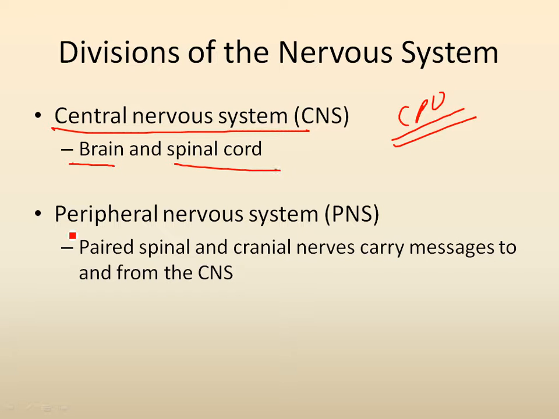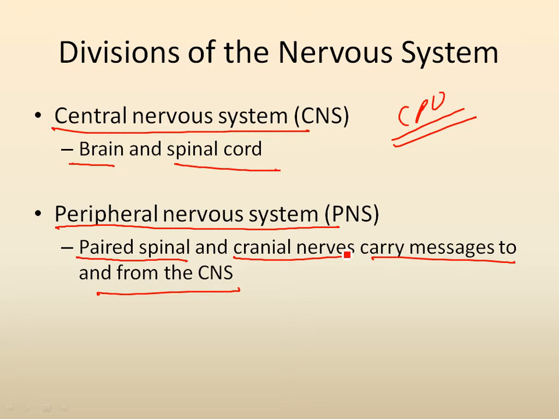The other system is the peripheral nervous system, which carries messages to and from the central nervous system. They carry messages to the central nervous system, and there's a part which carries the message away from the central nervous system. This consists of paired spinal and cranial nerves.